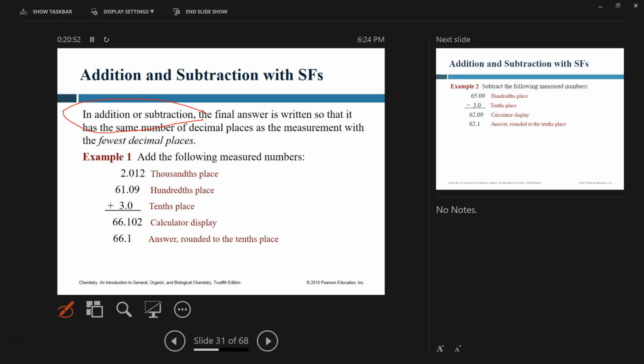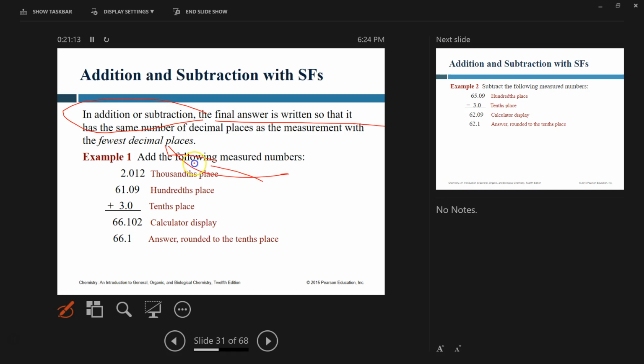Your answer should have the same number of digits after the decimal point as the number with the fewest decimal places.